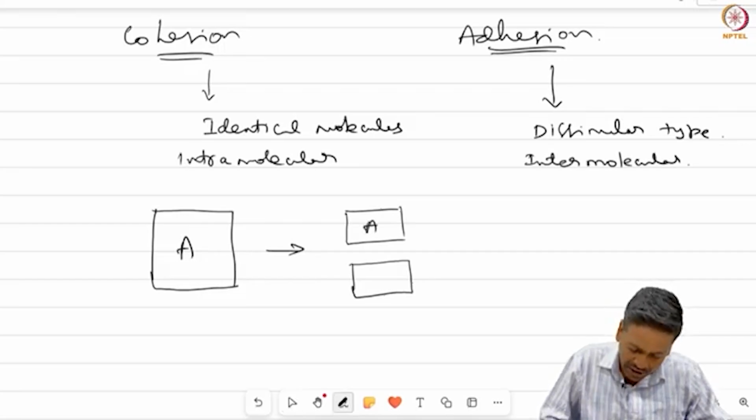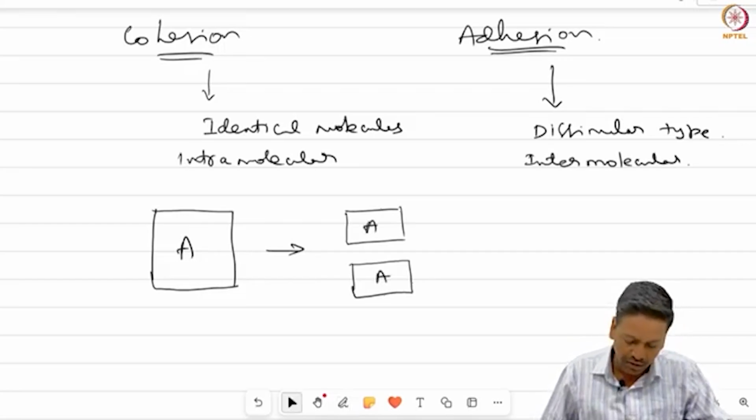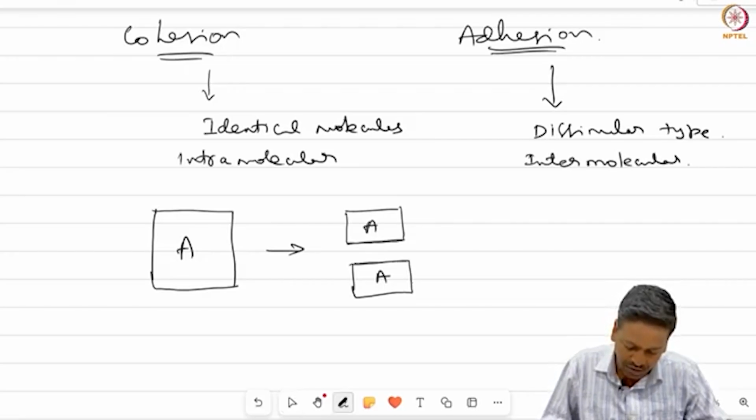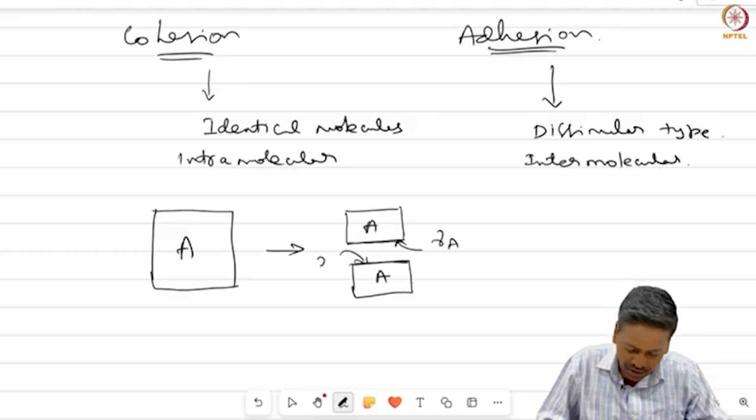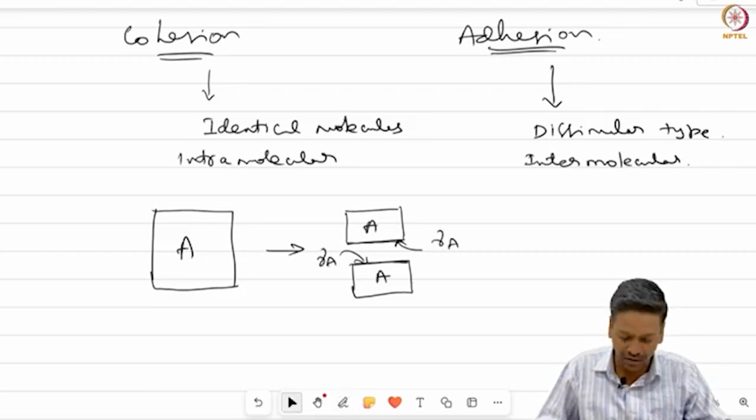Let's say I have A and A, right? But whether you are breaking them into two equal parts or not, what is more important is the surface. When you do so, you create two new surfaces, right? This is one surface, this is another.